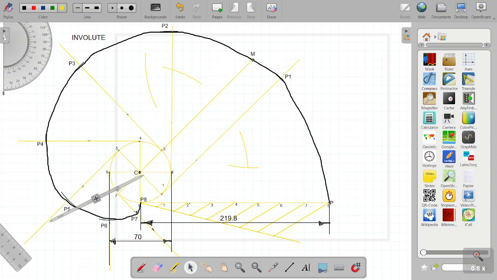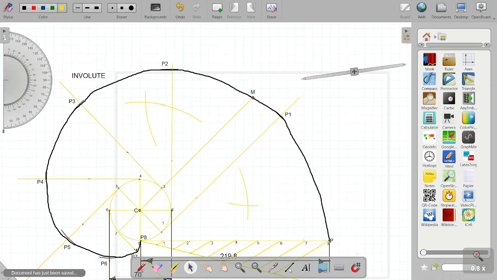So I will extend the arcs from C as it is not intersecting. Now after marking this, we will join this line and wherever this bisects the line, we will name this as, let us say, O.